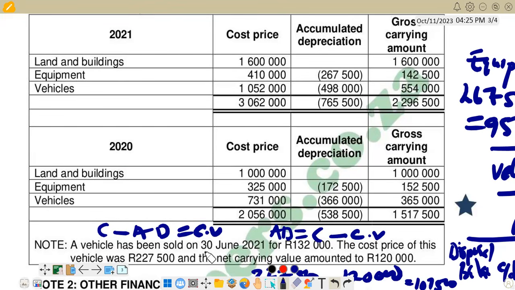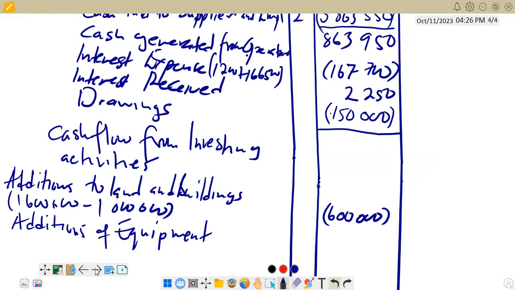And in the question, we are not told about any equipment which was disposed. So it means this increase represents a purchase of equipment. So to find that purchase, we're just going to say 410,000 minus 325,000.